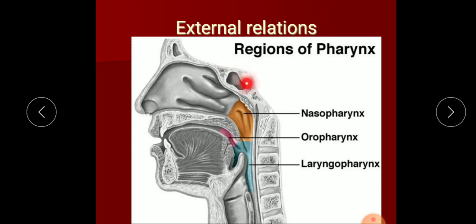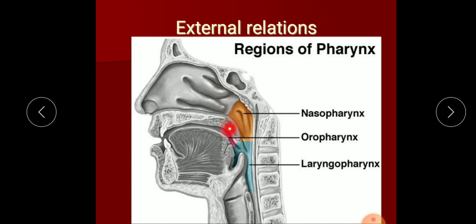Below, it is continuous with the esophagus at the level of the lower border of cricoid cartilage, corresponding to which vertebra posteriorly? It is the C6 vertebra. So superiorly you know the relation, and inferiorly it is continuous with the esophagus at the lower border of cricoid cartilage, corresponding to the C6 vertebra.